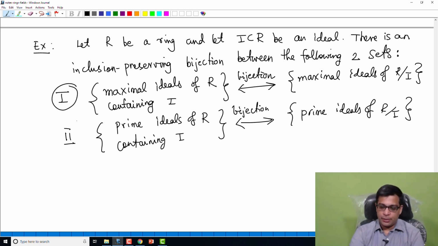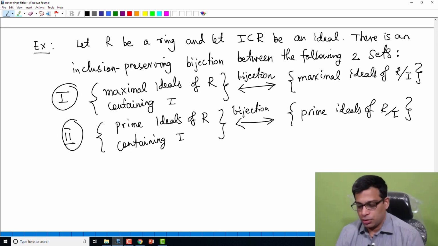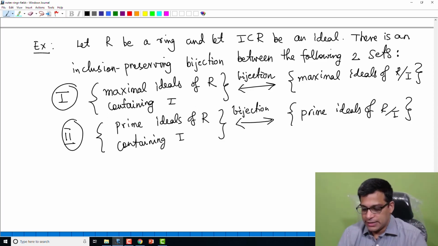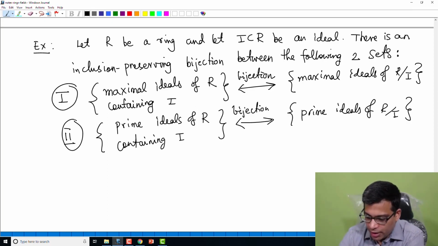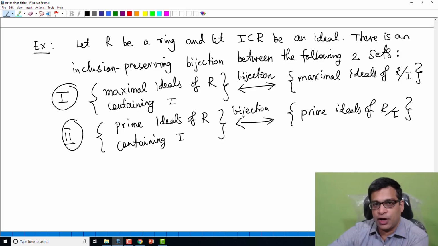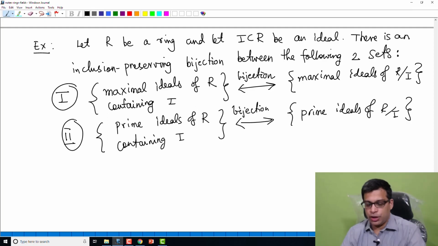For the second statement, you have to use a little more ring theory. It says that you take an ideal of R containing I. Suppose it's prime. The corresponding ideal of R mod I is also prime, you want to show. And similarly, if you take a prime ideal of R mod I, the corresponding ideal of R containing I, which exists by the correspondence theorem, is actually prime.